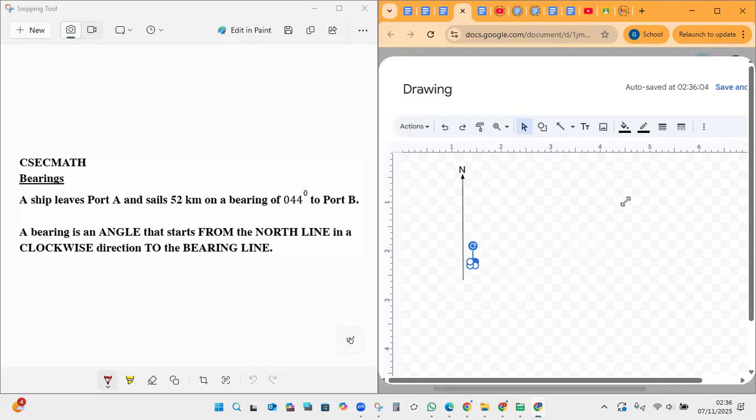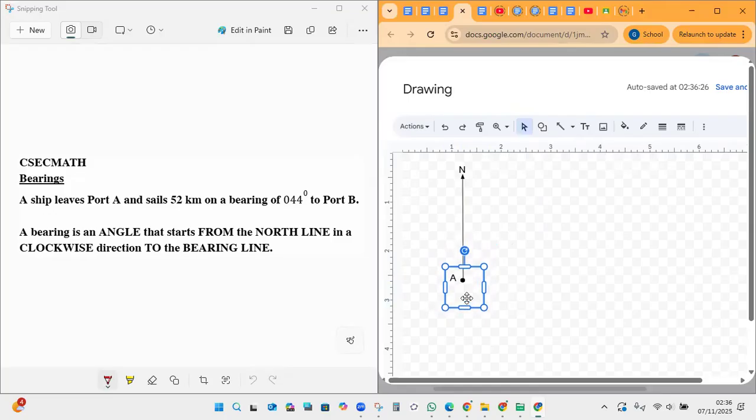It starts at A, from A. So we've got to label that point A. Here's the from point.